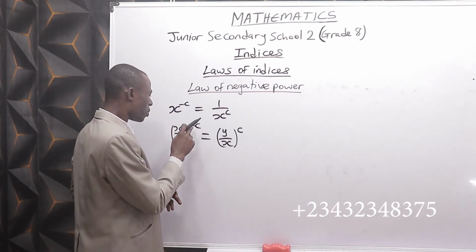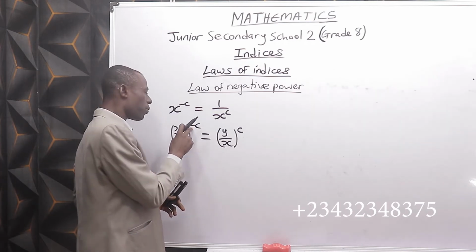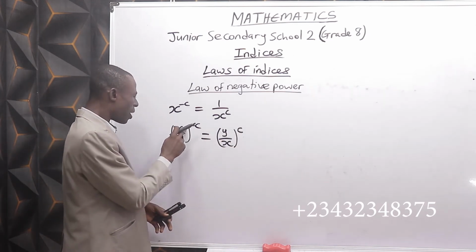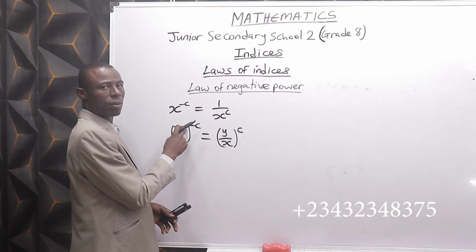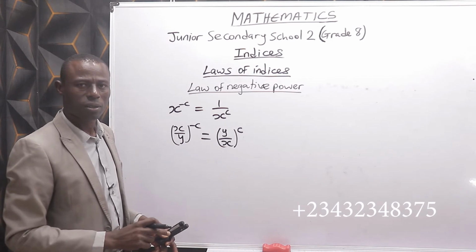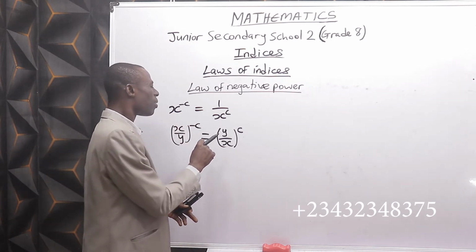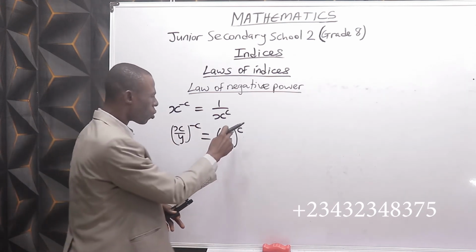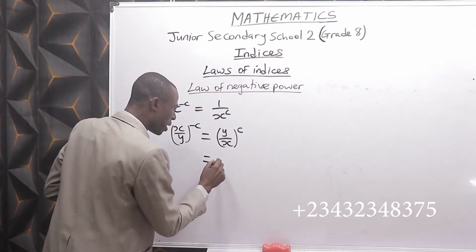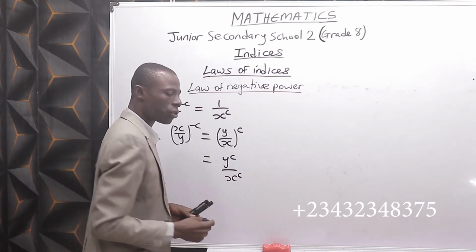The arithmetic sign of this power is negative. The inverse of it will be positive. Since we inverse the fraction such that x over y becomes y over x, the arithmetic sign of the power also will be inversed. So it will be positive, which can now be expressed as y raised to power c over x raised to power c.